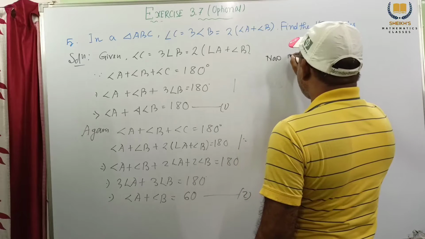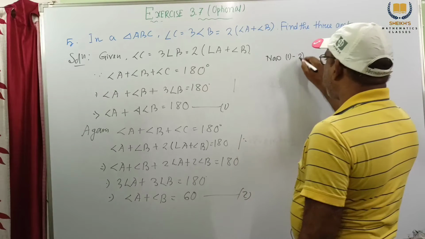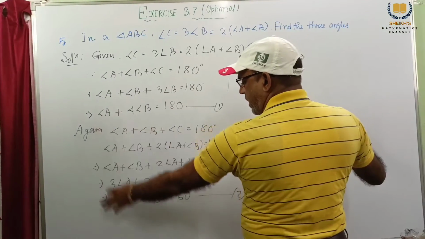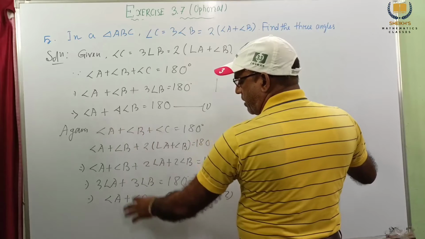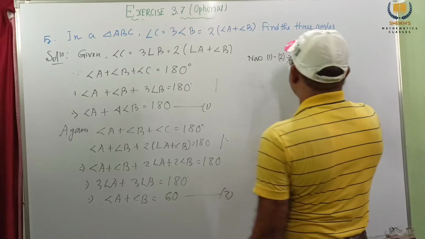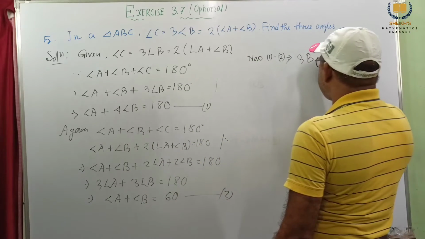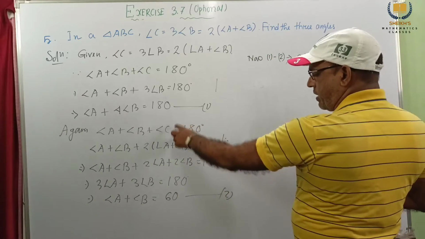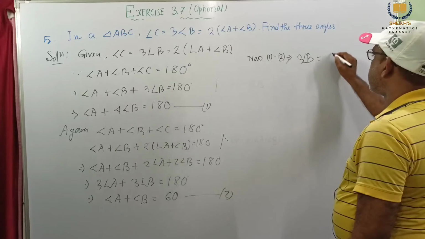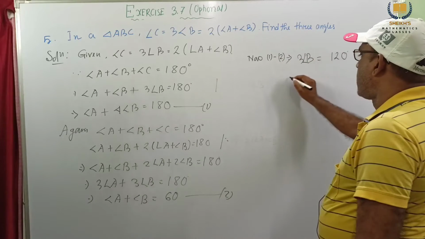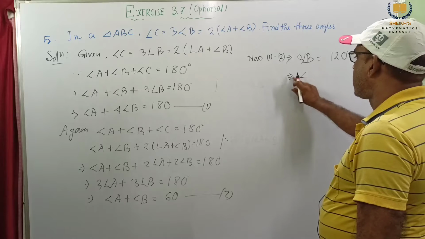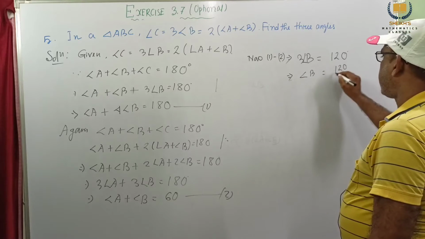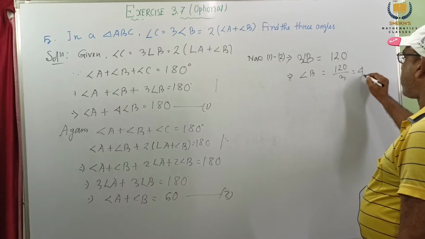So if we subtract 1 and 2, A cancels. 4B minus 1B, this is 3B. 3B equal to 180 minus 60, this is 120. And this implies angle B equal to 120 by 3, this is 40.